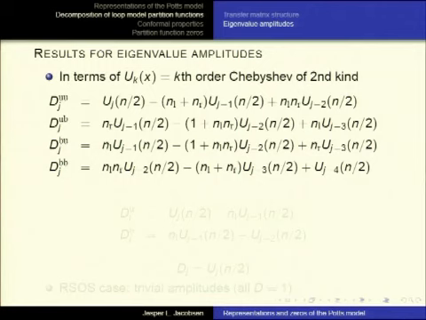So if I have the two boundary k's, then my eigenvalue amplitudes, well, there are 4 of them corresponding to whether the leftmost and the rightmost line are forced or not forced to touch the left or the right boundary. So unblobbed-unblobbed, unblobbed-blobbed, blobbed-unblobbed, blobbed-blobbed. And they are given as linear combinations of 3 Chebyshev polynomials of the second kind.